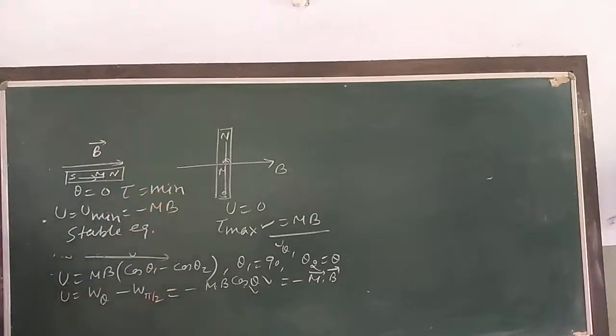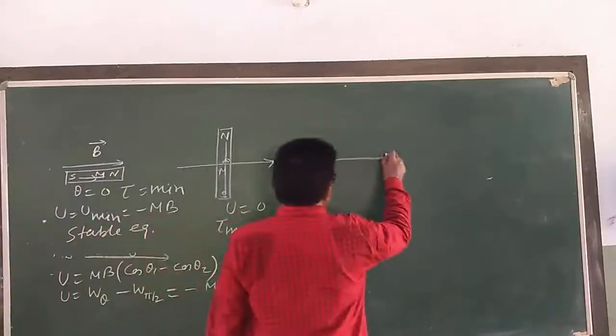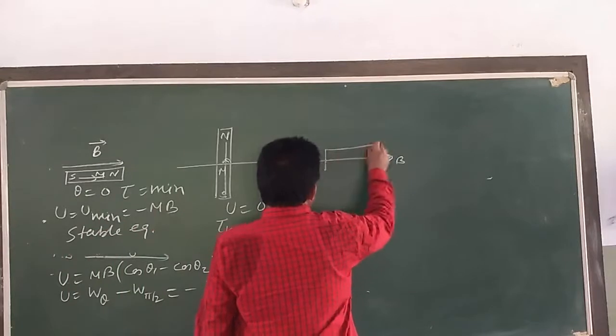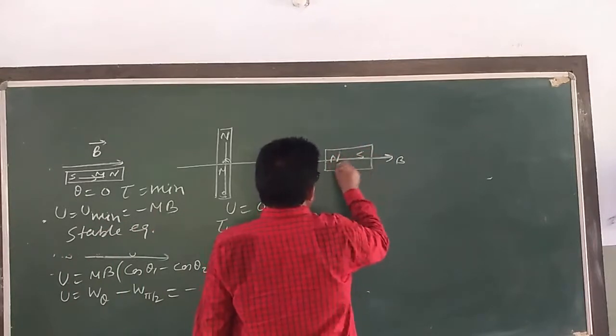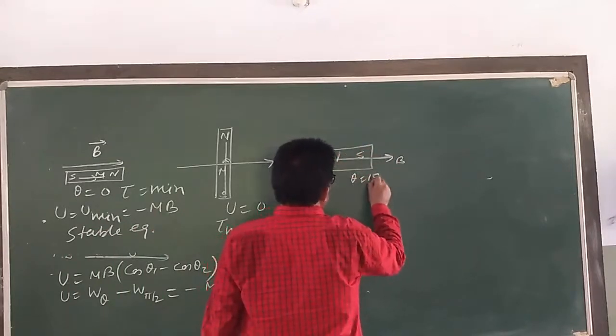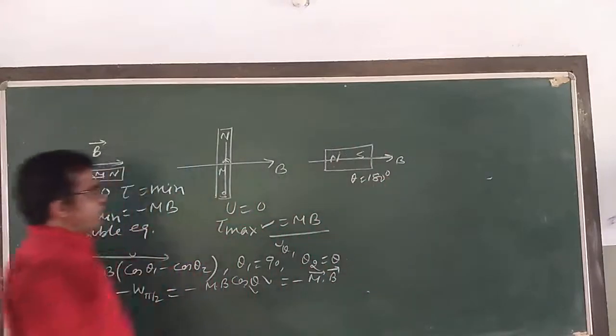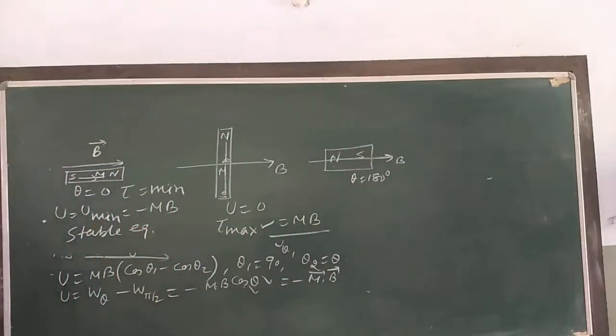And in the third case, when the direction of the magnetic field is B and the direction of the bar magnet is such that the angle between them is 180 degrees. The direction of the magnetic moment is this one.